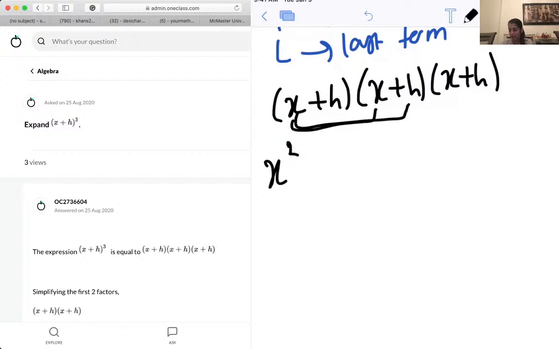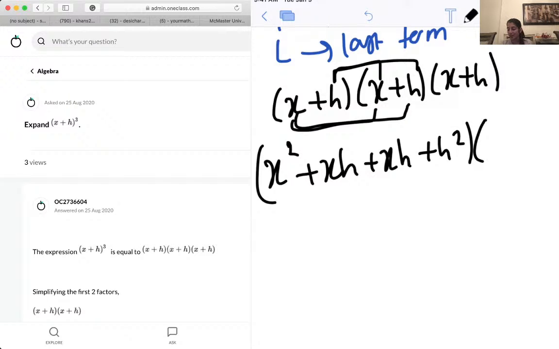X times h is xh. H times x is hx, but that really doesn't matter because the variables are being multiplied together, so it doesn't matter which one's first or second, as long as you write down the correct one. And h times h is h squared.